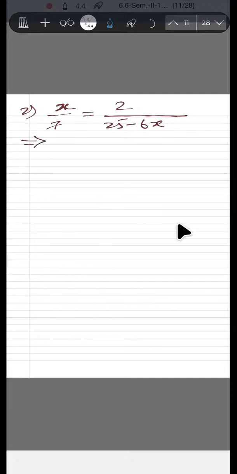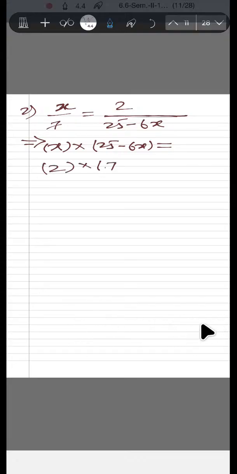Okay, so simply let's do a cross multiplication. So what will be the cross multiplication? x into (25 minus 6x) is equal to, on the right hand side, 2 into 7. So what will be the answer? x into 25, 25x, x into minus 6x, minus 6x square, is equal to 14.